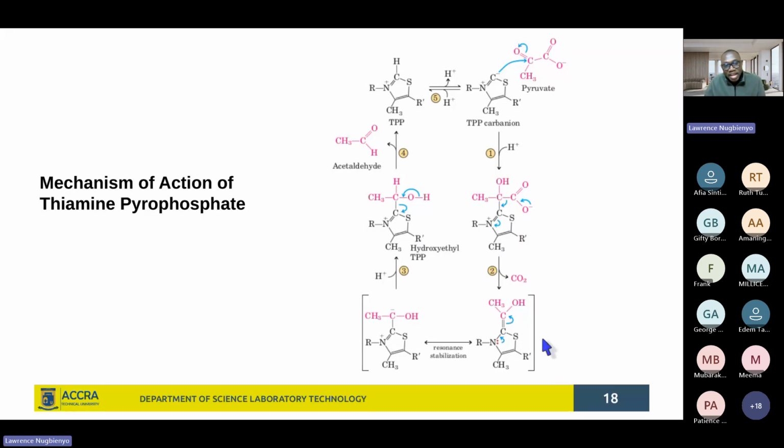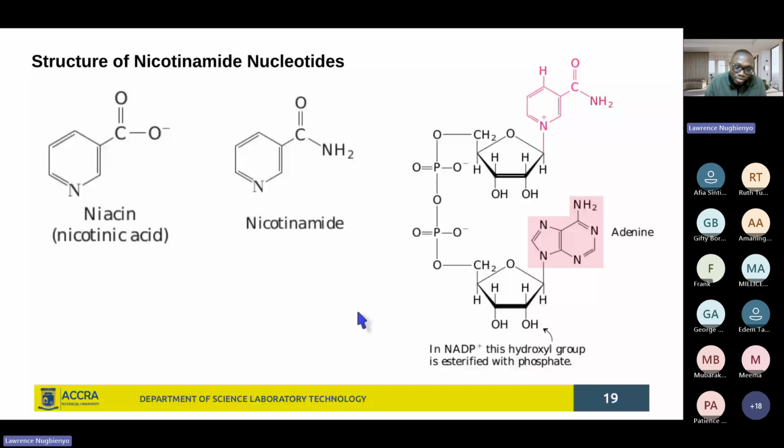All right, now we move on to the next structure, nicotinamide nucleotides. So what you see usually as NAD, NADH, NADPH, or FAD, FADH2.